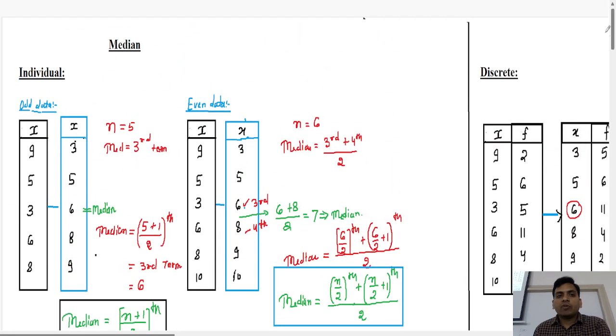For only these four things, what do you require? Cumulative frequency is required. Everywhere else, cumulative frequency is not needed. Clear? If you need to find mean, geometric mean, or harmonic mean, then there is no need to calculate cumulative frequency. In mode, no need to calculate cumulative frequency. Cumulative frequency is only for median, quartile, decile, and percentile. Is it clear?